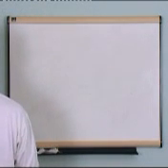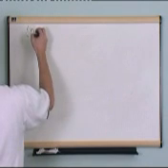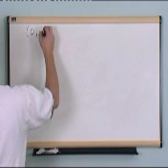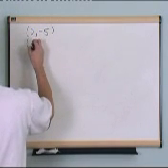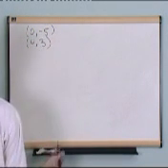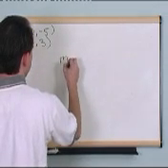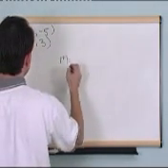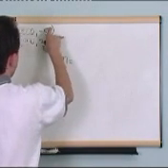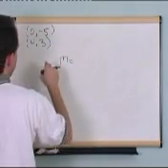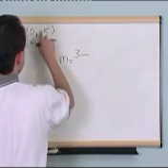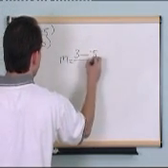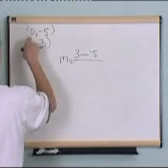We can just do a couple of additional problems. What if you had 0, negative 5, and 4, 3. Again, it's rise over run. So you have to subtract the y values and then the x values. So I'm going to do it this way: 3 minus negative 5 over 4 minus 0.